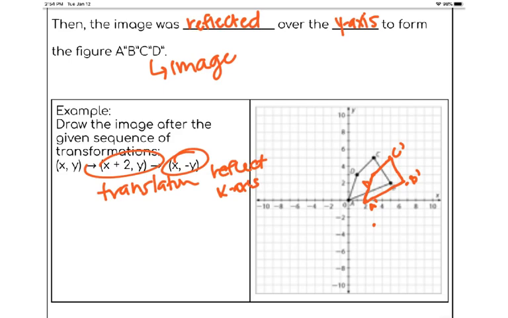Okay, so this is going to be d prime. Then c, again, same thing, just make it negative. D prime and b prime, same thing, just make it negative.